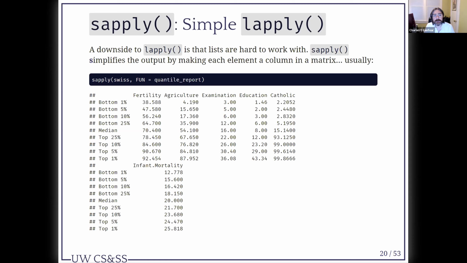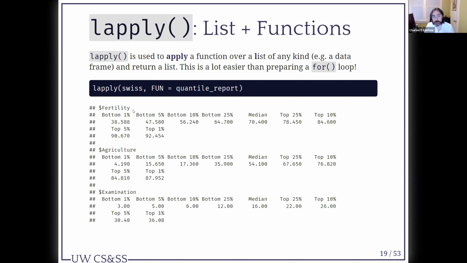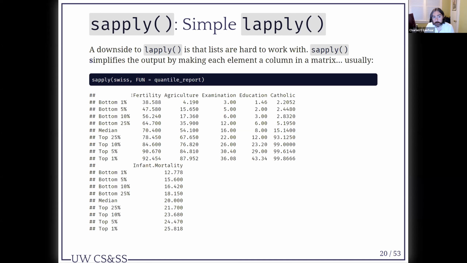In this case, if I say sapply Swiss quantile report, the same thing I ran before, but with sapply, what we get out instead is the prior output that was a list, stuck together into a matrix where each column is a variable, and each row is an element of that original vector that we had.